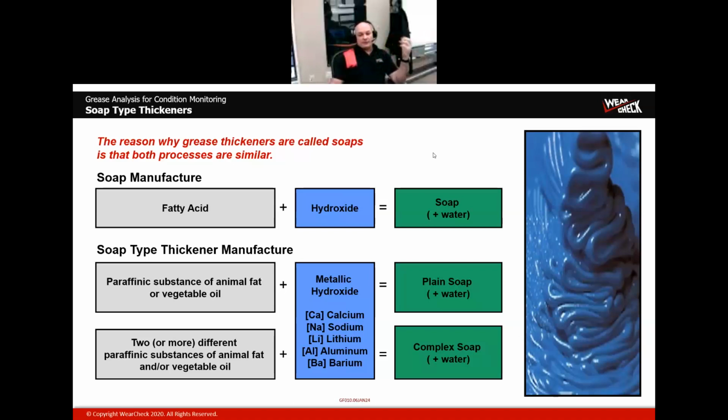You can form simple soaps, which are that fatty acid plus a metal hydroxide, like a lithium soap. You can have a mixed soap. So in some cases, you may have one or more metal hydroxides in the thickener, like a calcium lithium soap. And then you can have complex soaps where we're combining a fatty acid with more of a short chain complexing acid and a metal hydroxide to form that soap or the thickener that the lube is blended into.